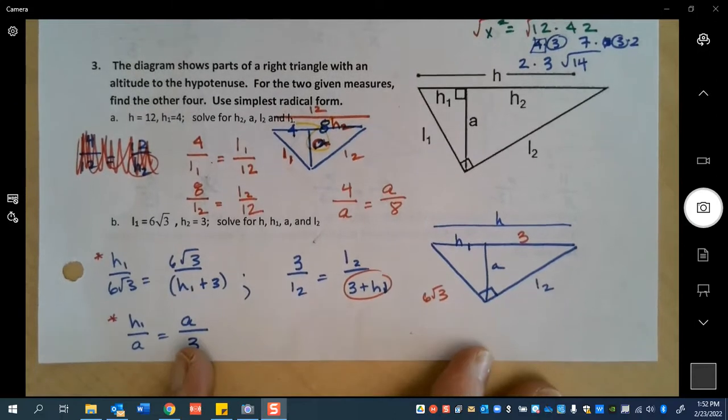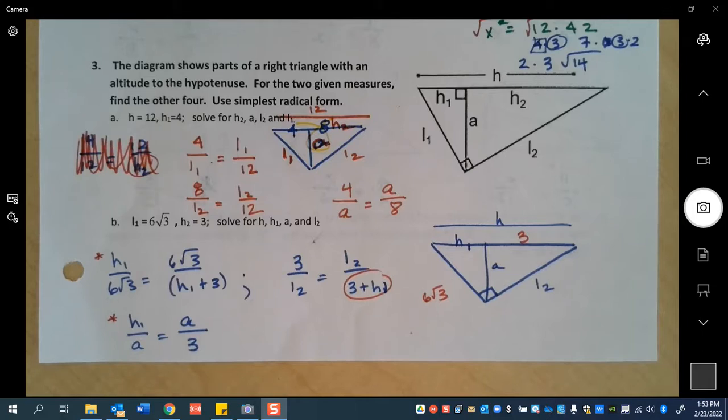Let's talk about B. In this version of the triangle, we gave you H2 was 3. We gave you L1 was 6 roots of 3. So the first thing I'm going to solve for is H1. So I know that 6 roots of 3 is the geometric mean between the piece that it's touching, that's this, and the whole, which is going to be H1 plus 3.